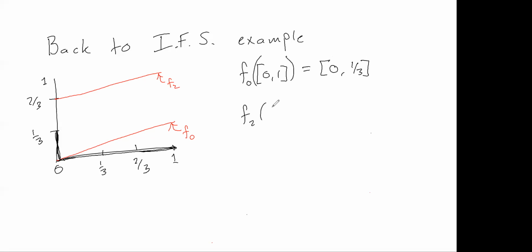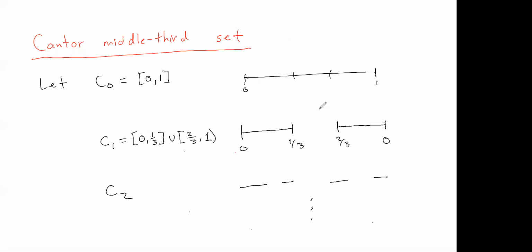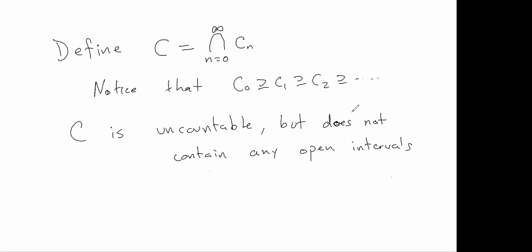And F2 of [0, 1] is [2/3, 1], this interval here. That gives me C1, right? Basically, the union of those two images gives me C1.